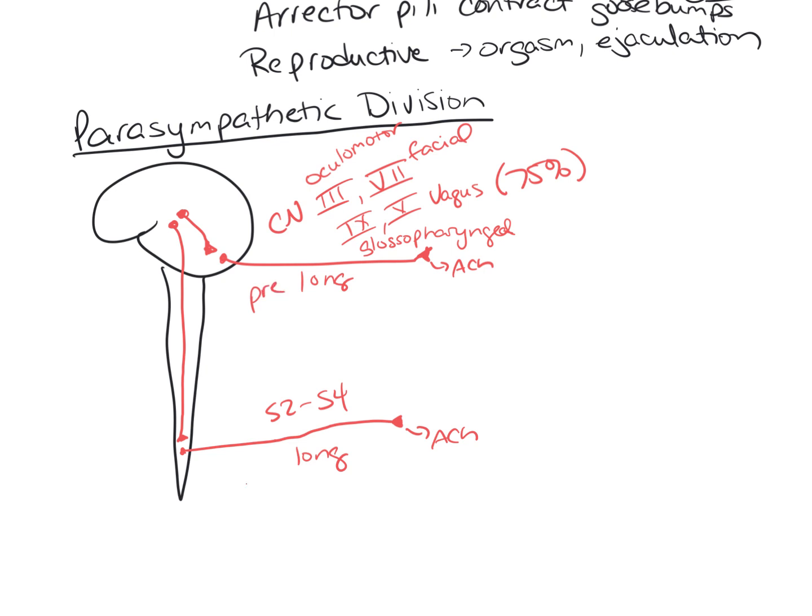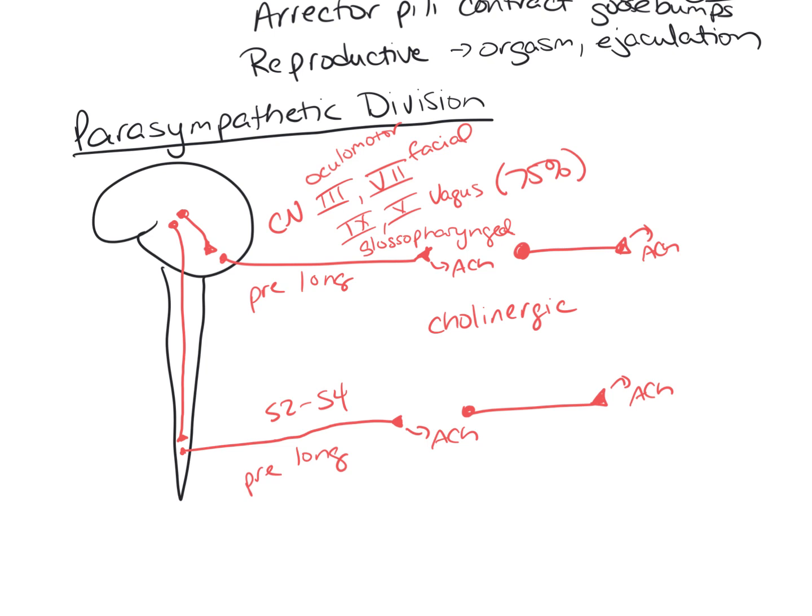Then the postganglionic neuron will release acetylcholine as well. So both the preganglionic neurons and the postganglionic neurons in the parasympathetic division release acetylcholine, which means that they're all cholinergic because they're releasing acetylcholine.